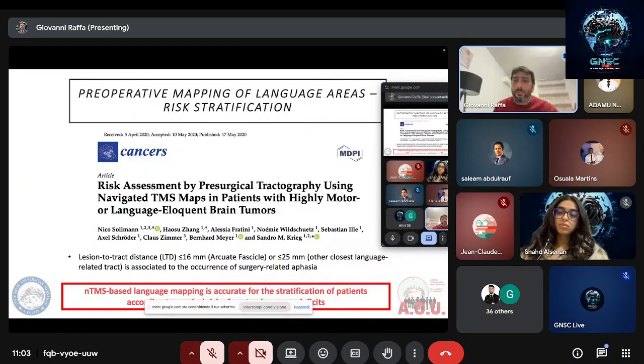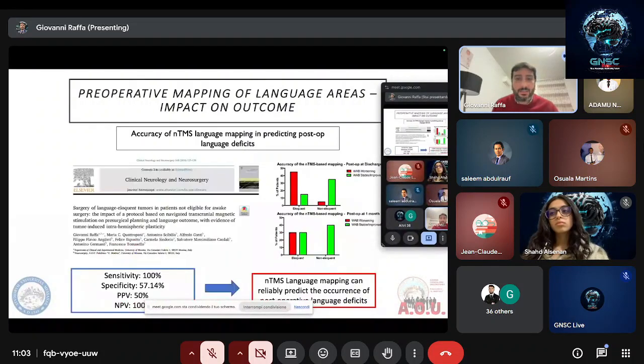And again, we can use this kind of mapping to stratify our patients and calculate the risk of postoperative language deficits according to the distance from the main fascicles, for example, from the arcuate fascicle. And if we use this kind of approach in our everyday clinical practice, so if we perform our NTMS language mapping, we can really predict the occurrence of postoperative language deficits.